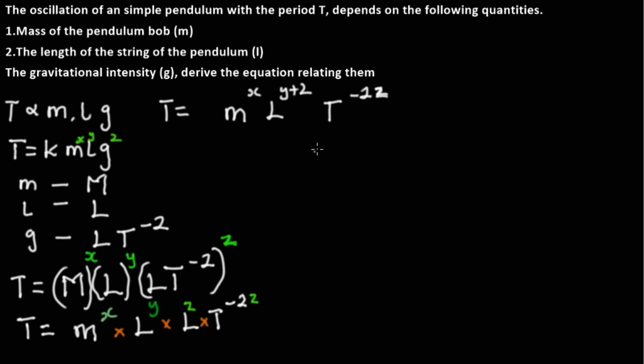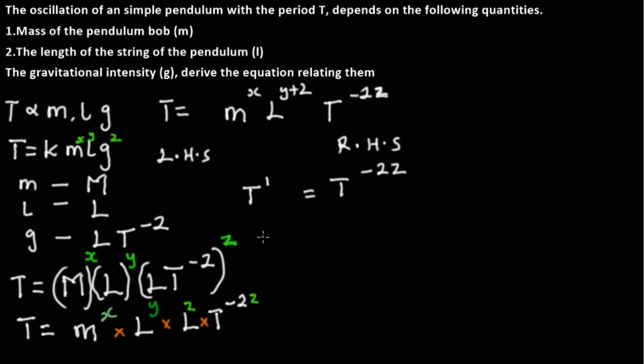The next step is we're going to equate the left hand side to the right hand side. Here is the left hand side, and here is the right hand side. For the left hand side, T is equal to 1, and on the right, T is equal to minus 2z.